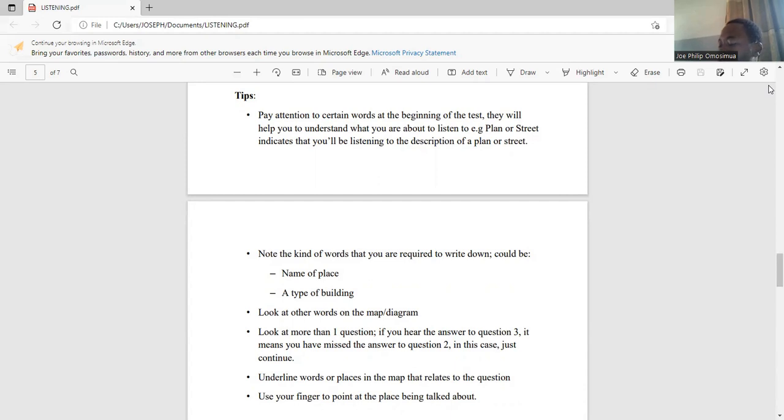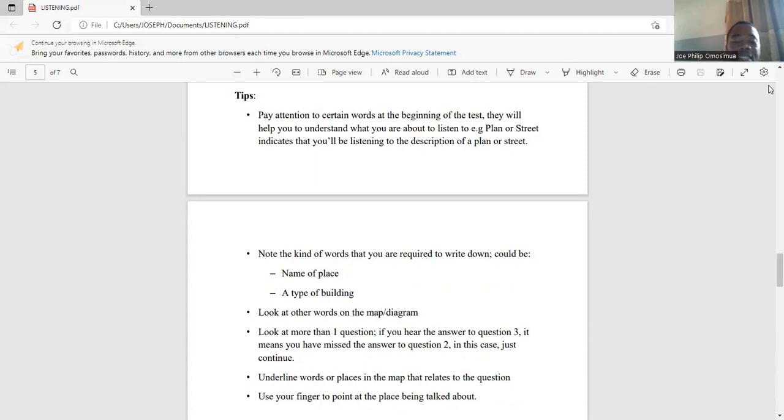Now you discover that since they are taking a tour, that means they will possibly show us a map or the plan of a place. If they said plan or street, pay attention, they would always describe a street or a plan. If they said a building plan, then pay attention to that. They would always describe it.